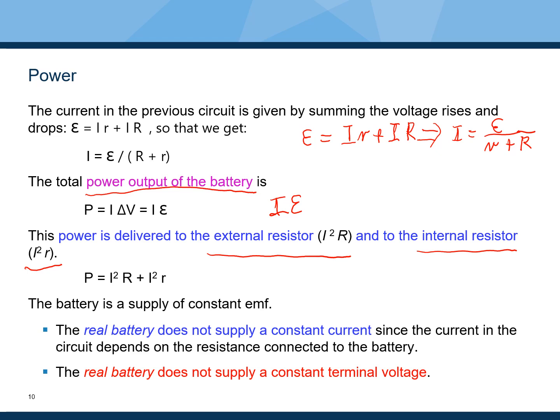So we go ahead and say that the power delivered by the idealized battery was given by the previous formula. The power drained by the resistors in the circuit is given by this formula.